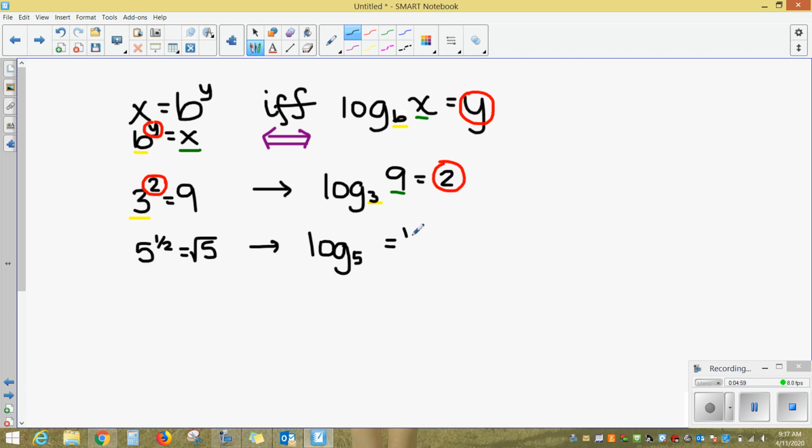The exponent, the 1/2, goes across the equal sign, and the square root of 5 goes inside. 5 to the 1/2 equals square root of 5 in logarithmic form says log base 5 of square root of 5 equals 1/2.